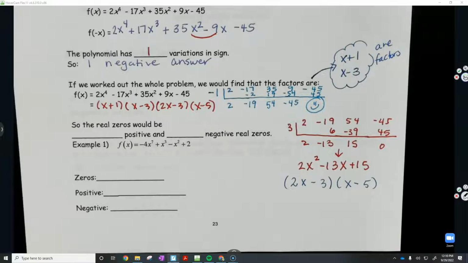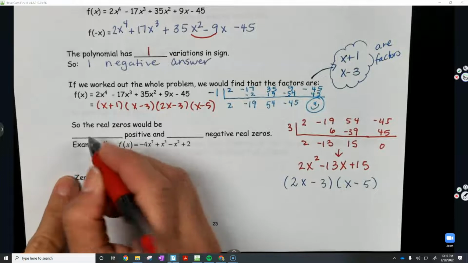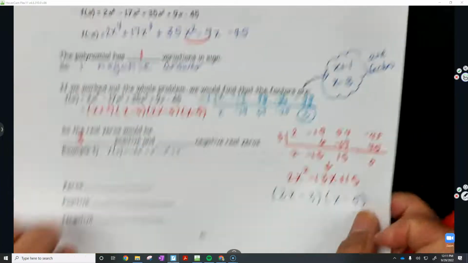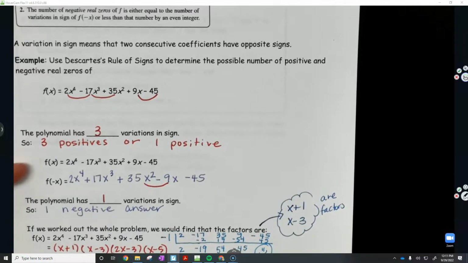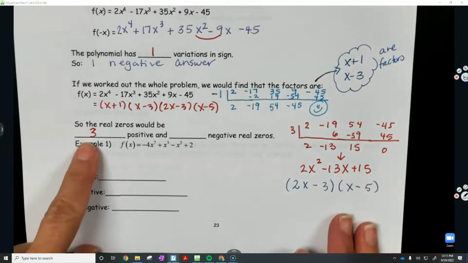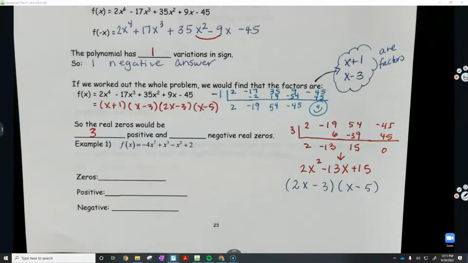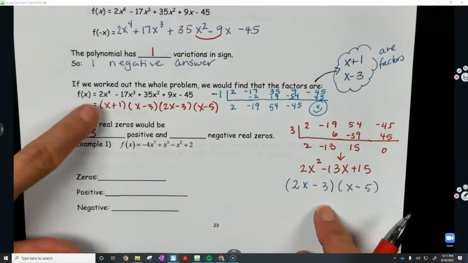Those are x-intercepts. How many positive x-intercepts do you have? That's right. Anything that's negative in parentheses is a positive x-intercept. So we know that we have 3 positives, which we knew we would either get 3 or 1. We ended up with 3. There's 3 positives. And we knew how many negatives we would have. Guys, how many plus signs are in here?